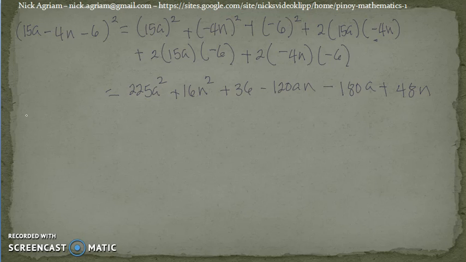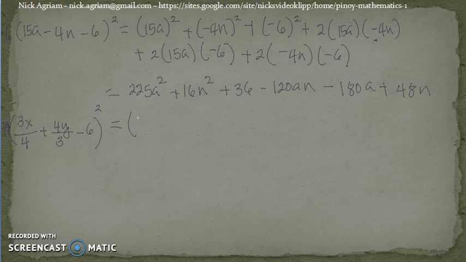Let's try this. (3x divided by 4 plus 4y divided by 3 minus 6) squared. This is number 7 in your book, page 14. We follow the pattern.